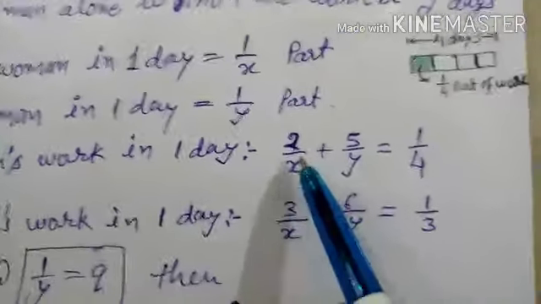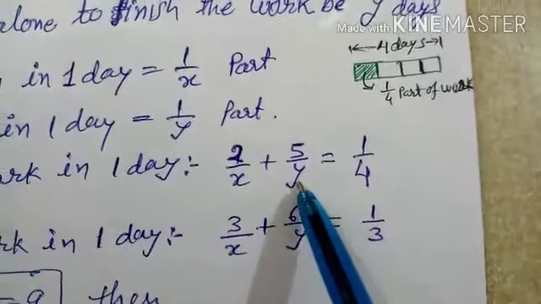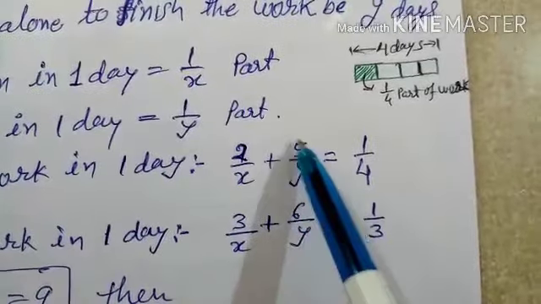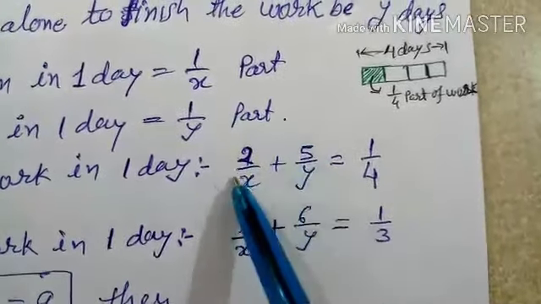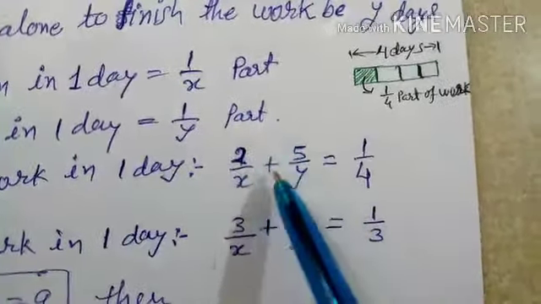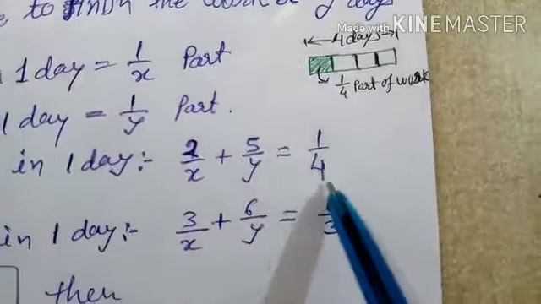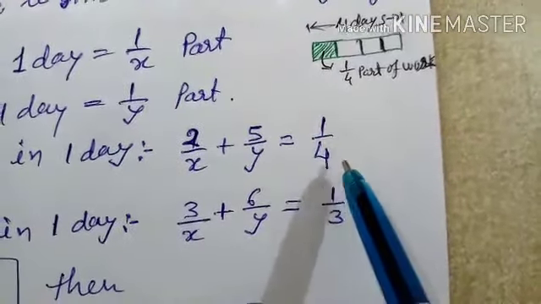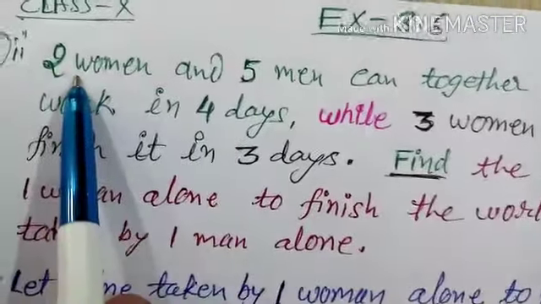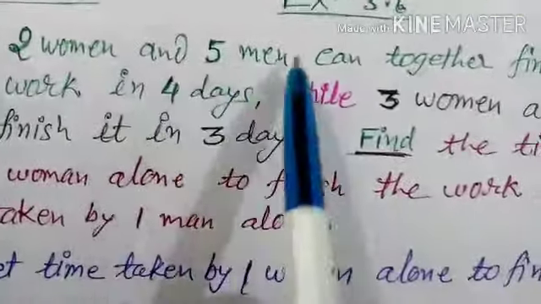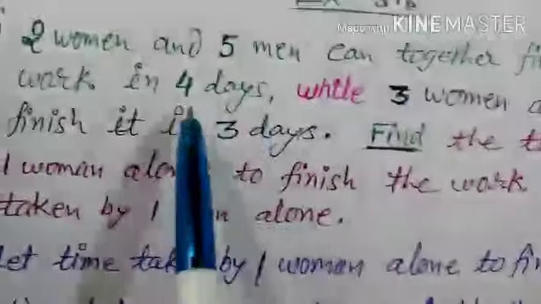So this is the work done by 2 women, and this is the work done by 5 men in one day, and the total work in one day is 1 by 4, because 2 women and 5 men can finish this work in 4 days.